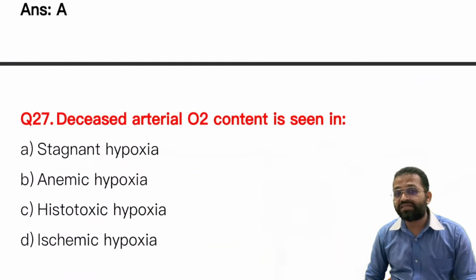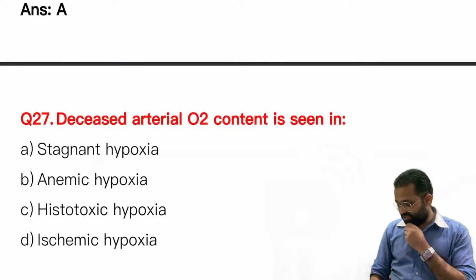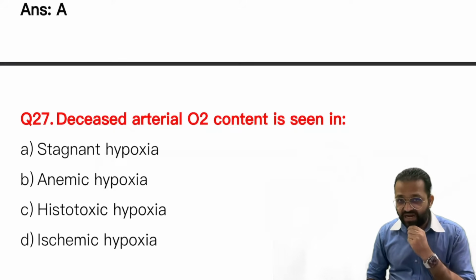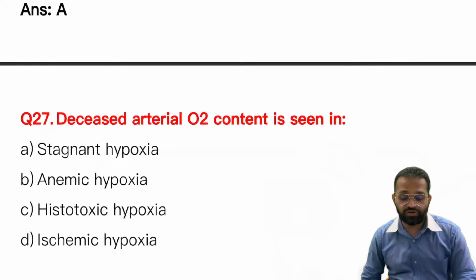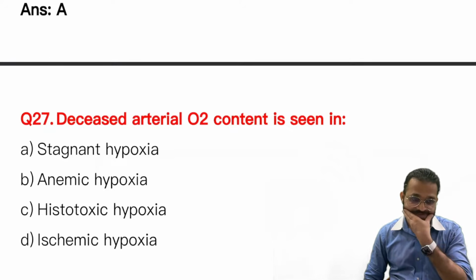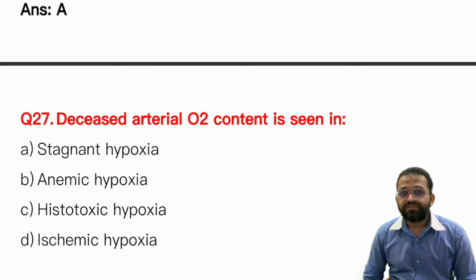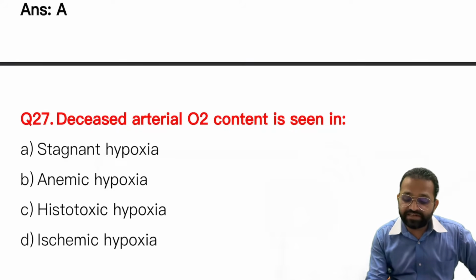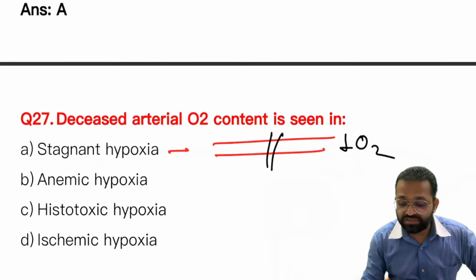Decreased arterial oxygen content is seen in what? Tell me. In stagnant hypoxia, there is a stagnation, meaning there is blood supply and there is blockage, so decreased oxygen is there.